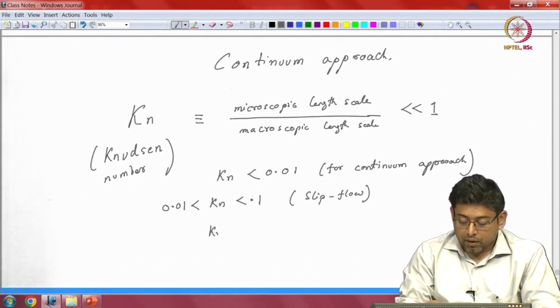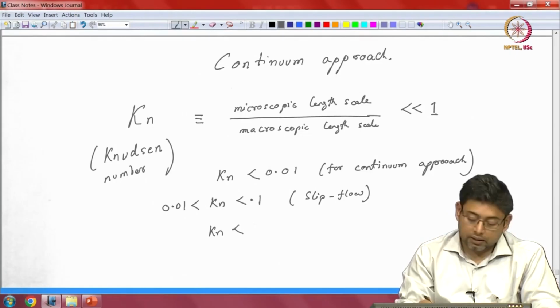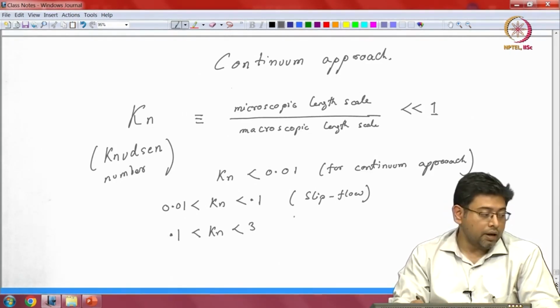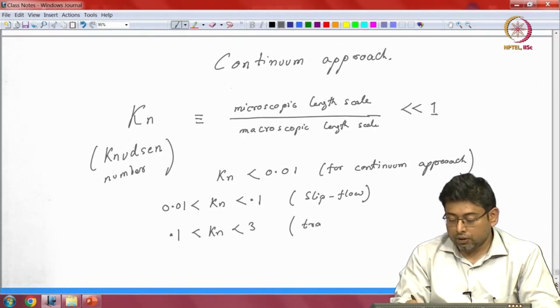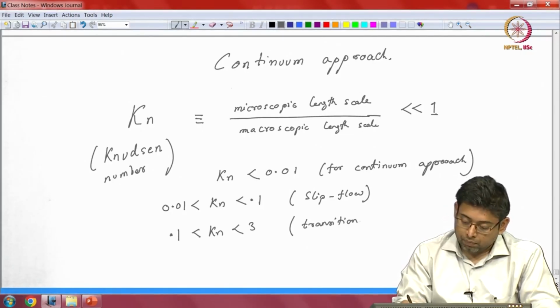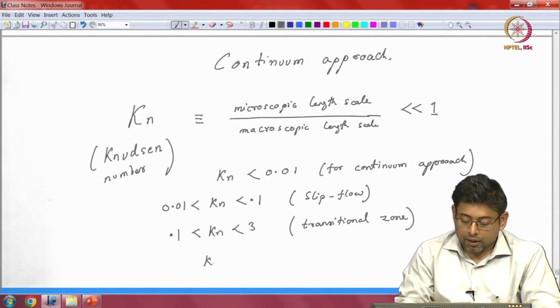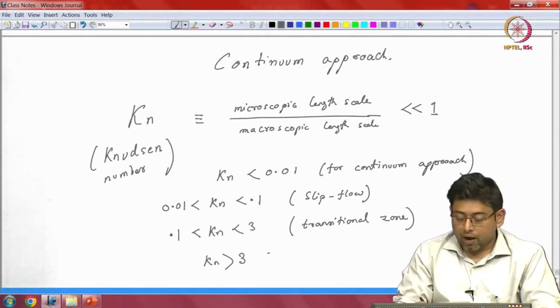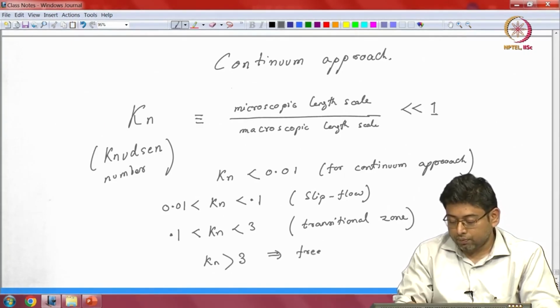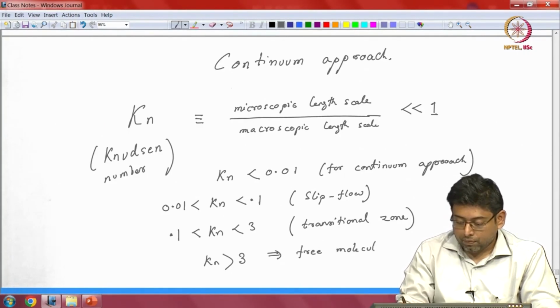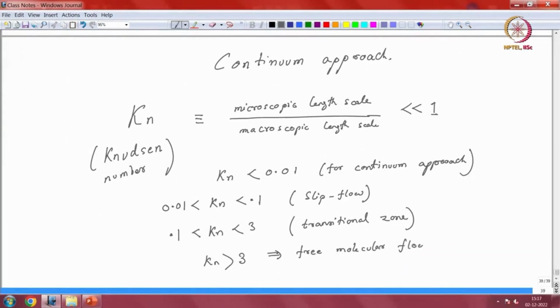But as this number grows, so if this number is, let's say, between 0.1 and 3, then you end up into a zone called the transitional zone. And if Knudsen number is now greater than 3, then you have something called free molecular flows. In the free molecular flows, you have non-interacting, very weakly interacting molecular impacts.